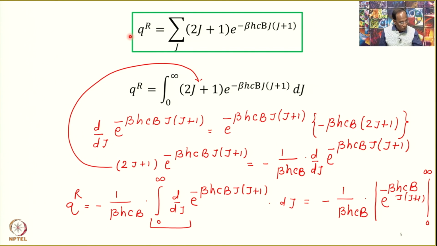But then we used this approximation, that the summation can be converted into integration, and that was done assuming that the rotational energy levels are close to each other. So above what temperature, because the population of energy levels is temperature dependent, is this approximation valid? We need to discuss that.